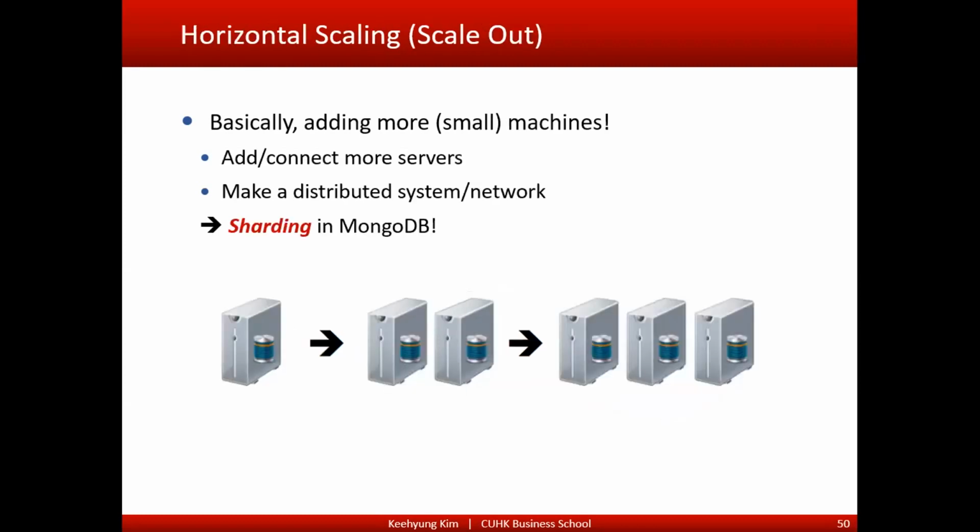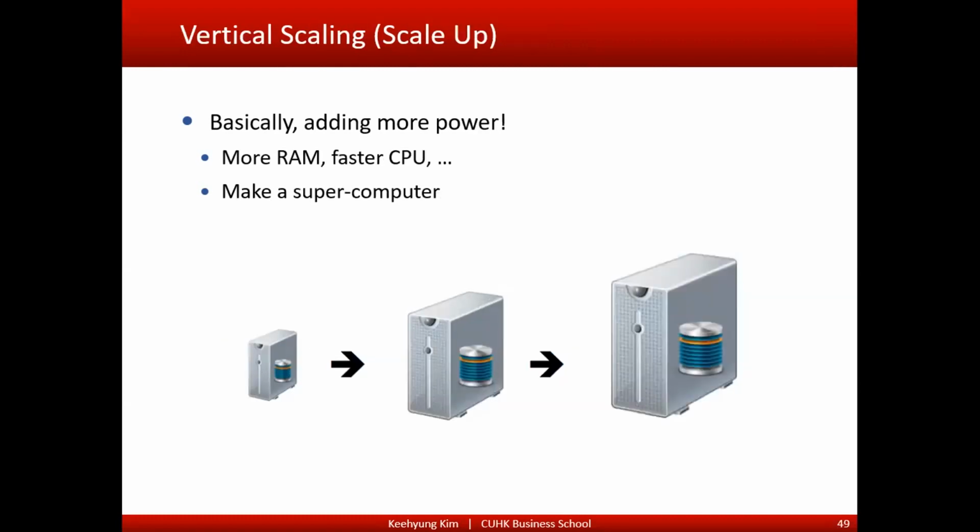The second approach is this: we can simply add more machines. This is what many big data systems do, because the first approach, scaling up, has a limitation. You can upgrade your PC and your server, but there's a limit. At a certain point, you cannot upgrade more, or it costs too much.